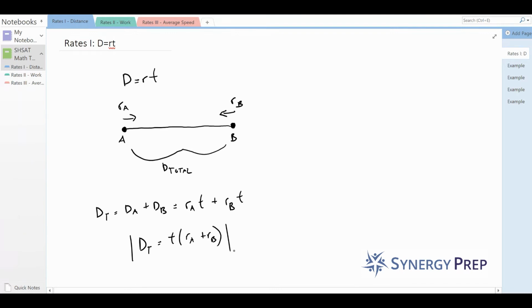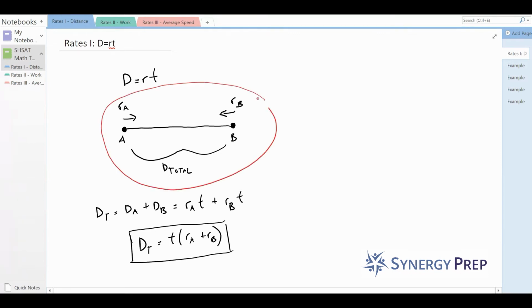Now, I would suggest that you memorize this equation. You can, of course, derive it, but so long as you can identify what type of question we're looking at, you don't really need to derive it. You just plug in the formula, you plug in the numbers, and you should have the answer very easily. The diagram that I've drawn here shows two objects moving towards each other.